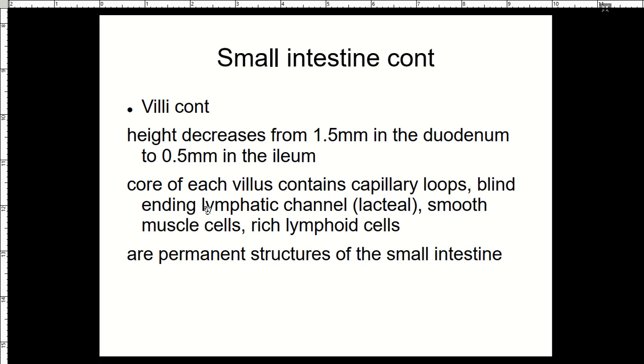The core of the villus is going to be made by capillary loops, blind-ending lymphatic channels, the lacteal, and some smooth muscle cells, rich in lymphoid cells. Take note of this. The plicae circulares and the villi are permanent structures of the small intestines.